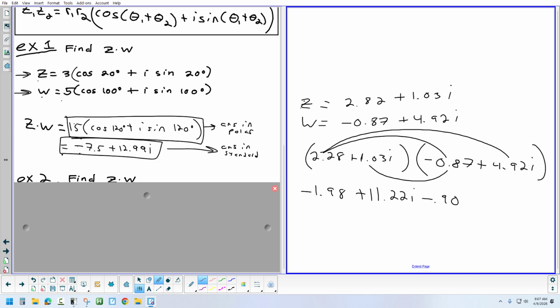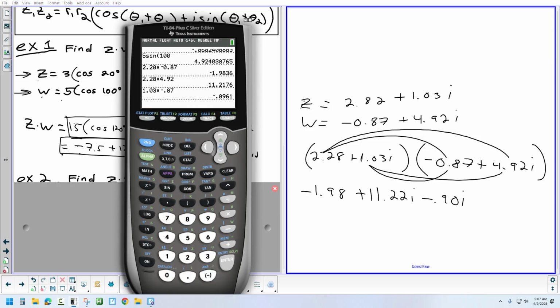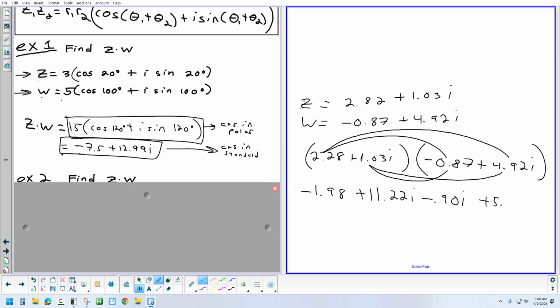And then the last part, 1.03 times 4.92. Okay, and that gives me 5.07 i squared.